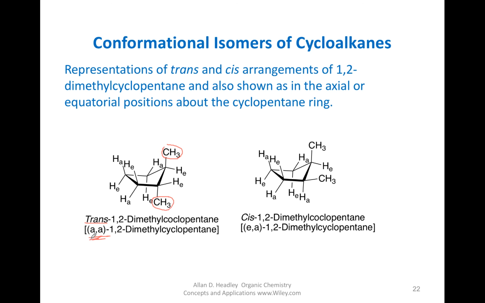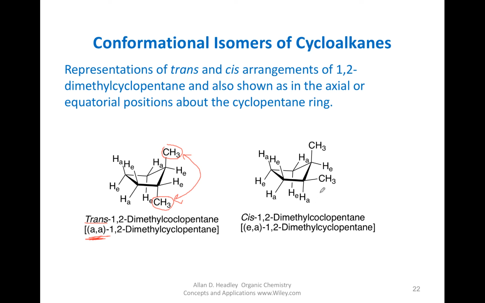Another name for this is the AA, because they're in the axial positions here. So we call this the AA 1,2-dimethylcyclopentane. Notice again the difference in names for the same concept.